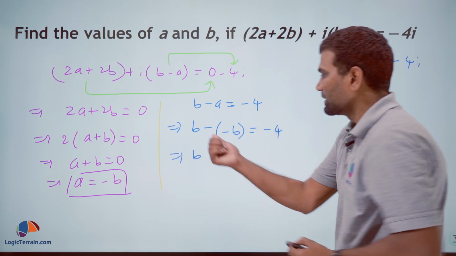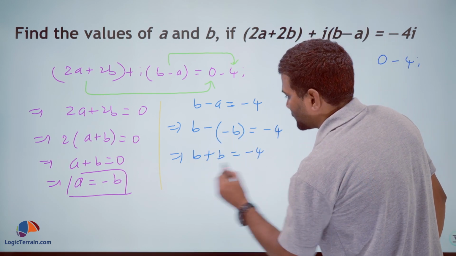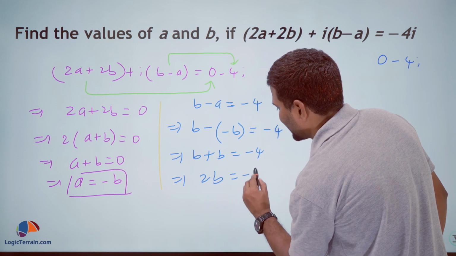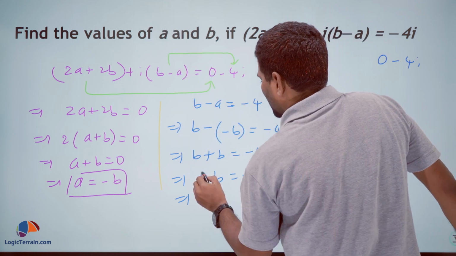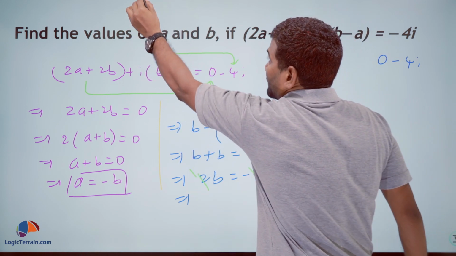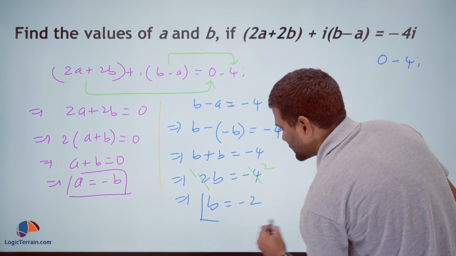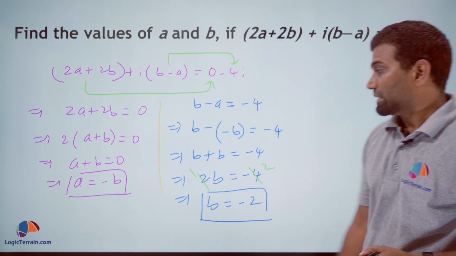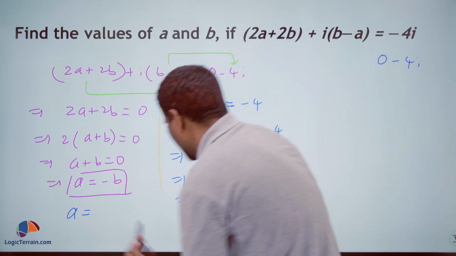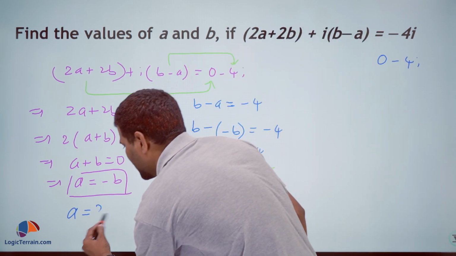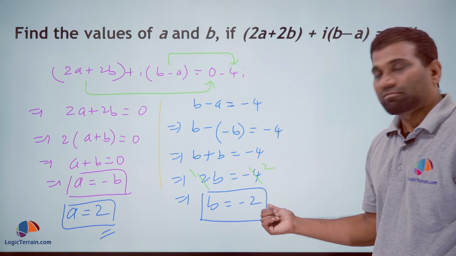Further, negative of negative is positive, so b + b = -4, which is 2b = -4. Dividing both sides by 2, we have b = -2. So we got the b value. Then a = -b, so a = -(-2), which becomes positive. Therefore a = 2 and b = -2.